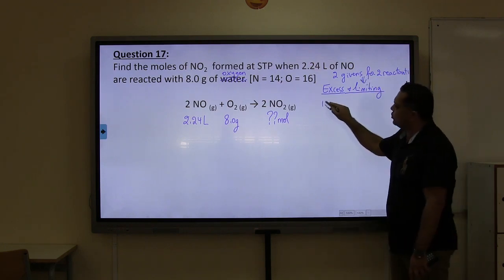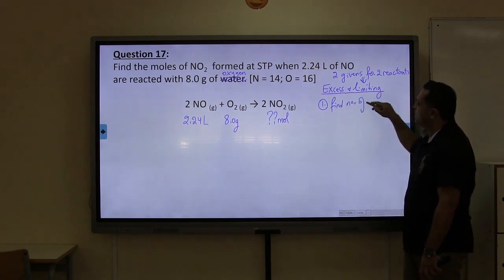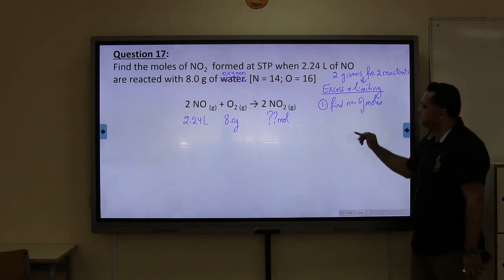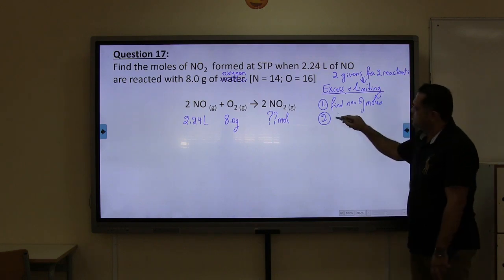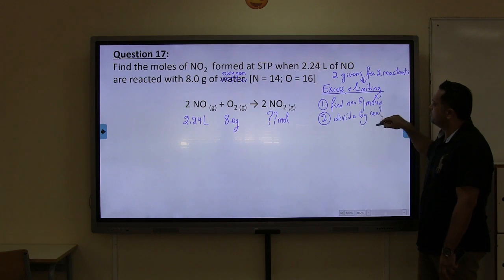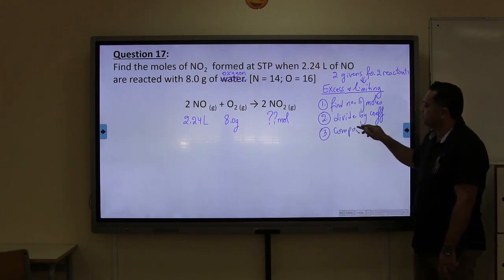So it will be excess and limiting. The first step that you will do, you will find the number of moles. We have many ways to find excess and limiting. I think this will be the easiest. Find the number of moles. Second, divide by coefficient. And third, I will compare.